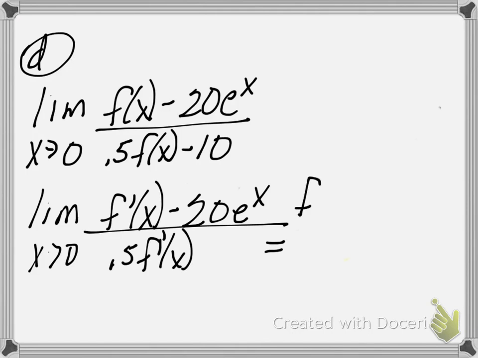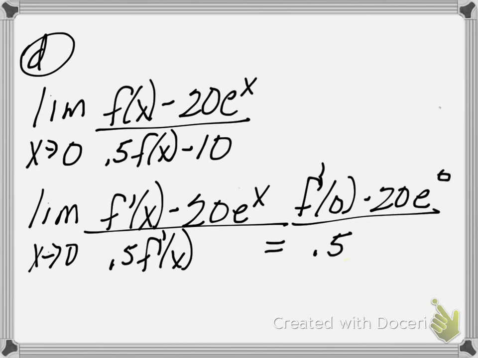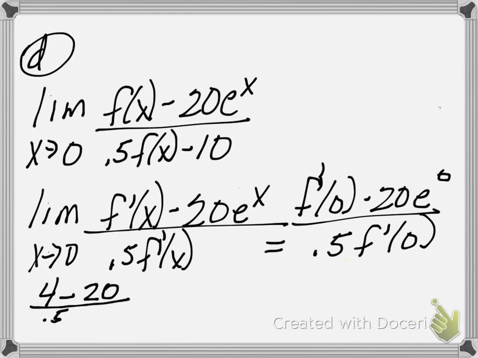So we'll get f prime of 0 minus 20 times e to the 0 over 0.5 times f prime of 0. Okay, f prime of 0 is equal to 4, minus 20 because e to the 0 is just 1, over 0.5 times f prime of 0, which is 4 again.